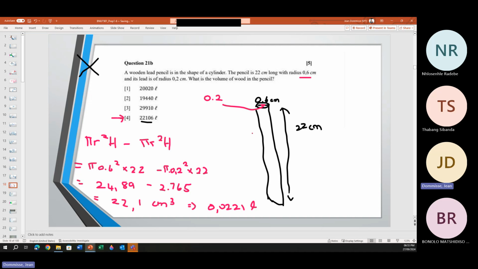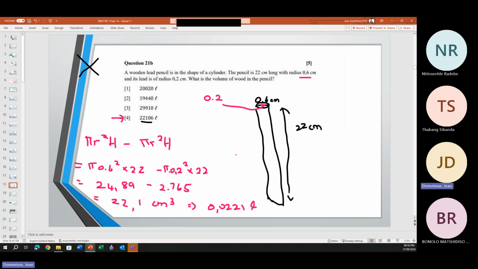So somewhere obviously they made the mistake. But more important is how one works it out. And how you work it out is to take the whole volume of the pencil, which we worked out as 24.89, and you take the volume of the lead, which is 2.76, and you subtract the two to get your final answer.